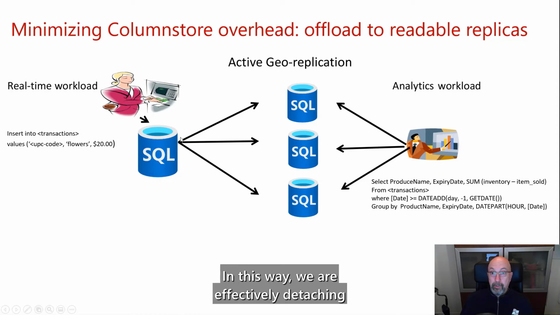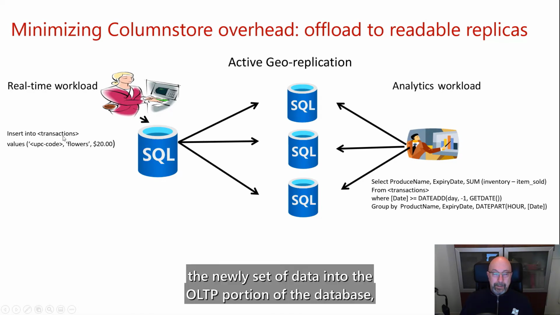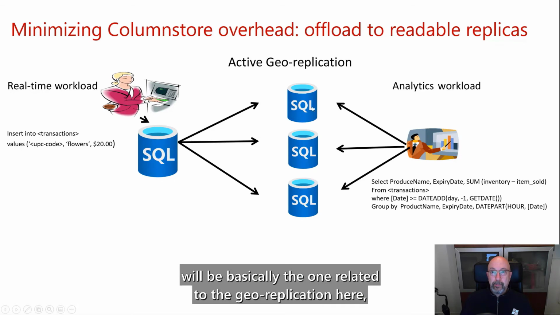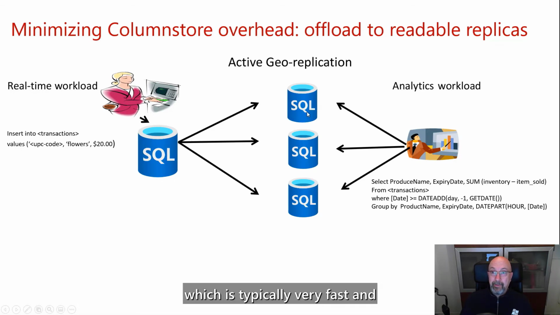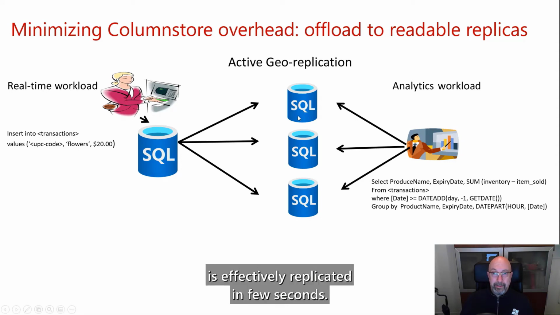So we are effectively detaching the OLTP system from the analytical queries, and the only latency from the newly inserted data into the OLTP portion of the database will be the one related to the geo-replication here, which is typically very fast and is effectively replicated in a few seconds, right?